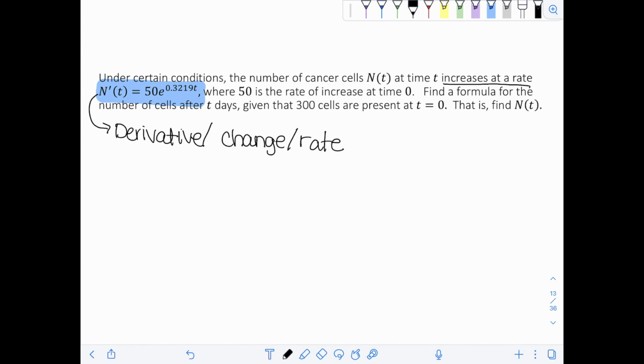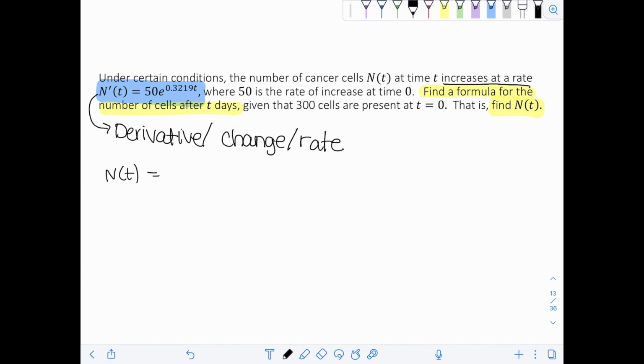We want to find the formula for the number of cells. So not how the cells are changing, not the rate of increase for the cells, but the actual number of cells. That means we're going to work backwards to find just N of t, which is to integrate. So let me write this as an integral.